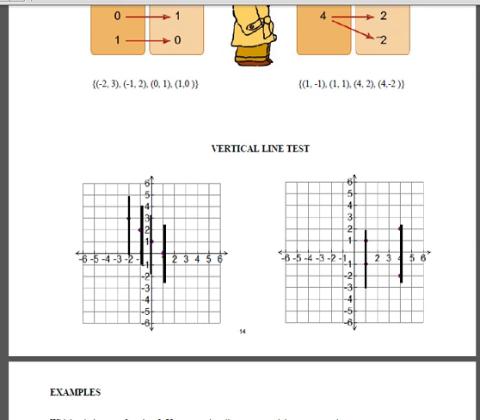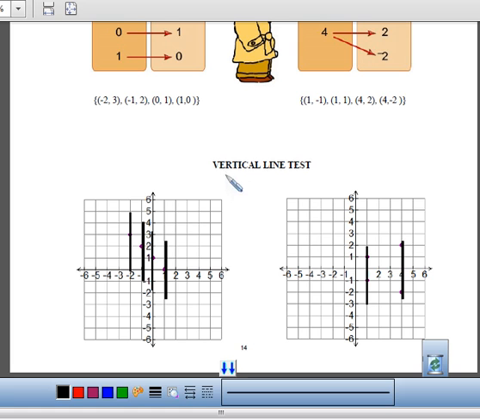All right, here's another way. So what we were just looking at is if you have points or ordered pairs, or if you have a table, how you can determine if you have a function or not. If you have a graph, we're going to do something called the vertical line test. Now, vertical means a line that's going straight up and down, okay? So, the vertical line test is actually very simple.